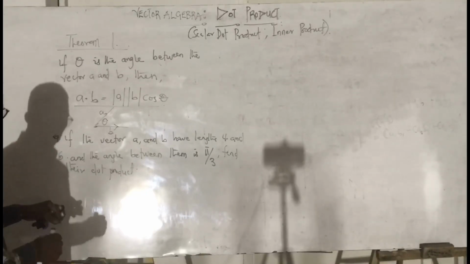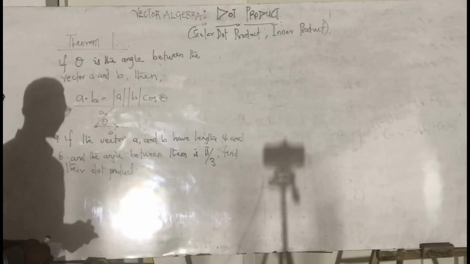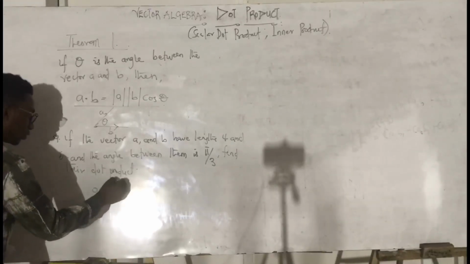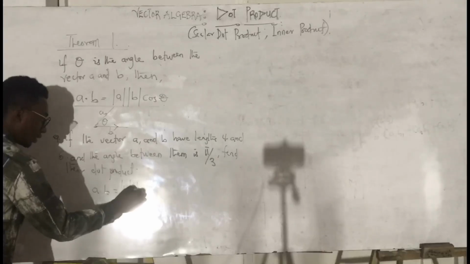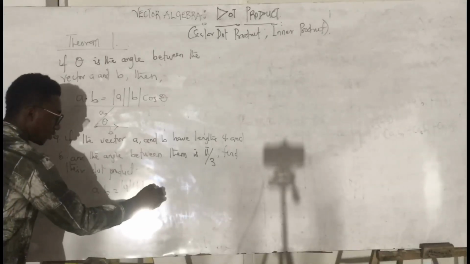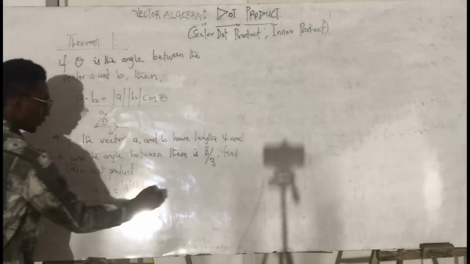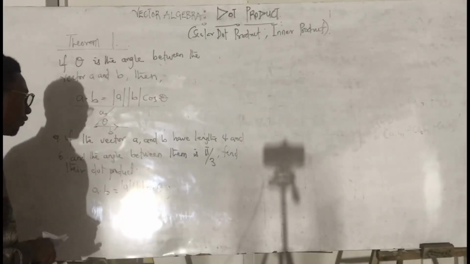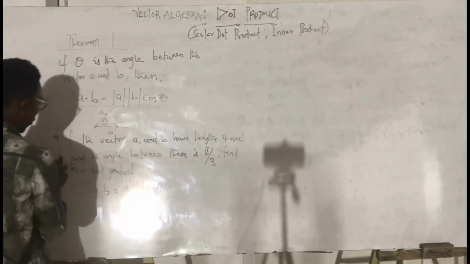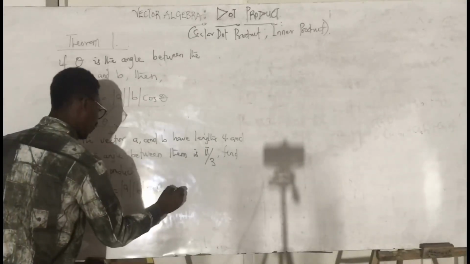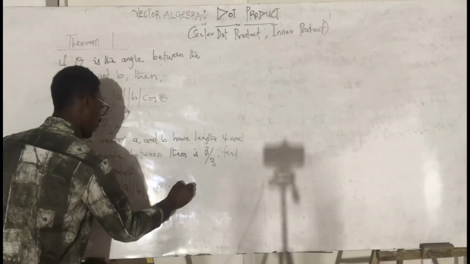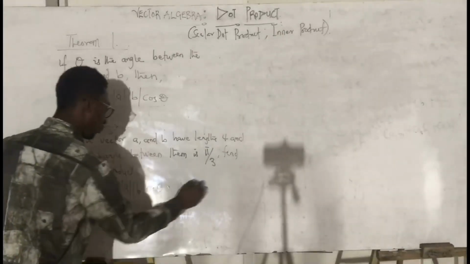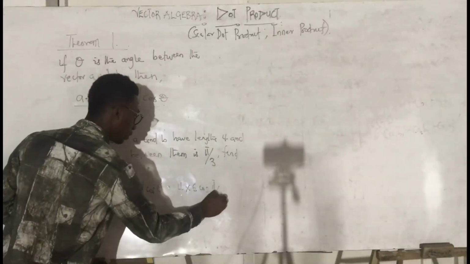It's very simple. A dot B is equal to the magnitude of A multiplying the magnitude of B times cos of the angle between them. The magnitude of A was given, which is 4, and the magnitude of B is 6. So you get 4 multiplying 6 cos of pi on 3.